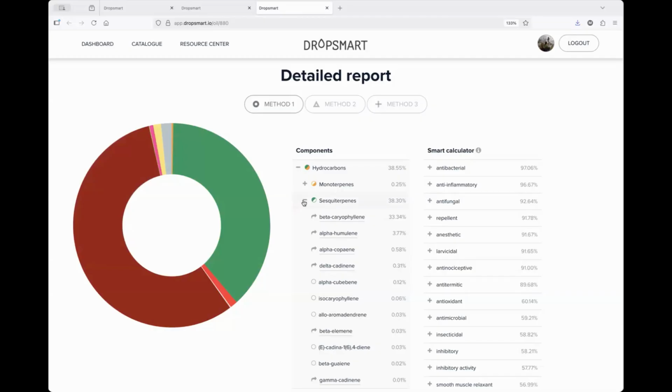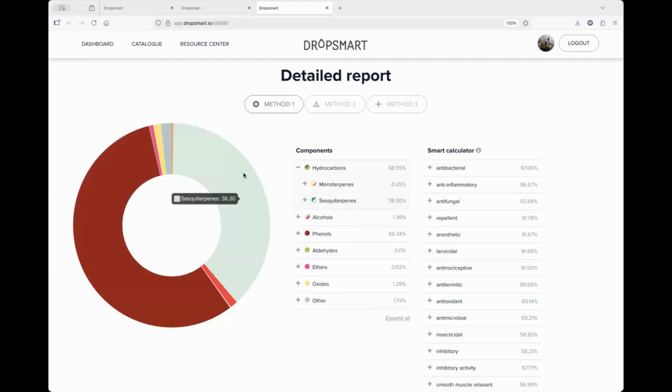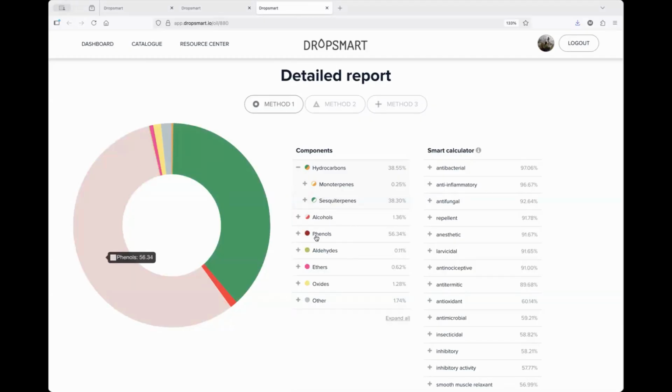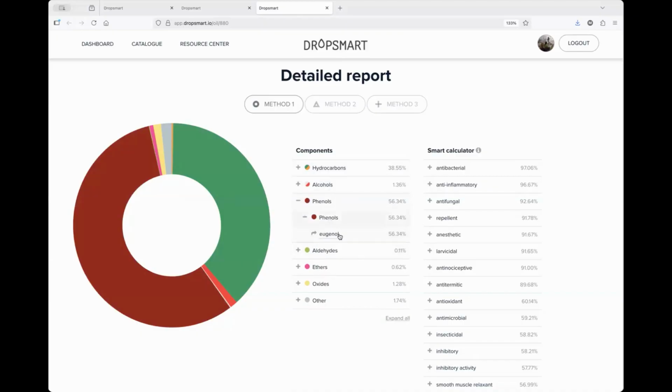And here we have this interesting combination of beta-caryophyllene and eugenol. So it's kind of a yin-yang. I purposely chose this oil.